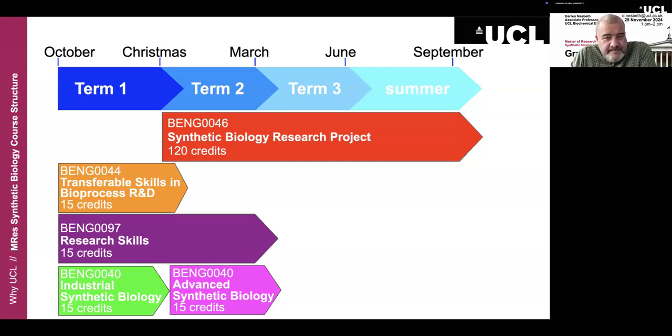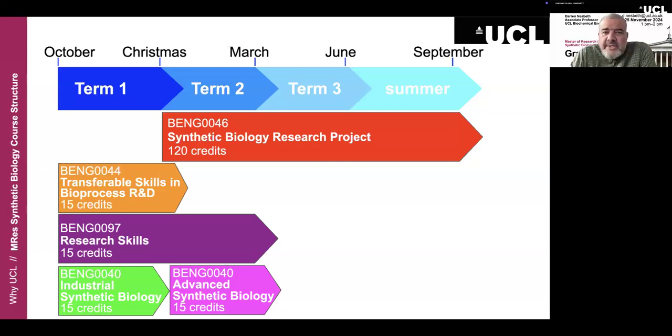Although it conveys that the research project starts in term 2, it starts midway through term 1, in as much as you receive a project list and you have the opportunity to meet and speak with the academics offering the projects on the program. So that will actually happen in term 1. There's a possibility of even starting in the lab in term 1, depending on the timeline. But for sure, you will start full-time on the project in term 2.